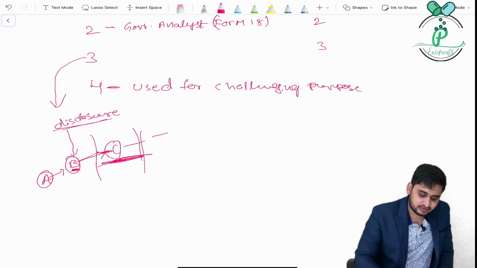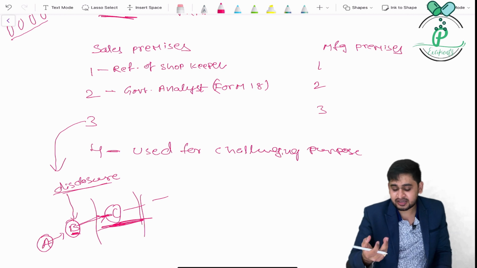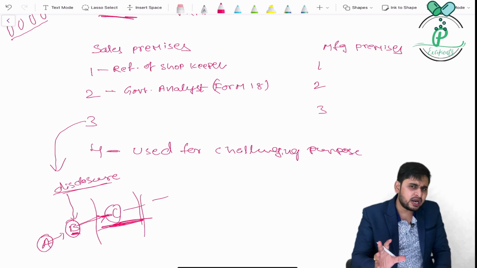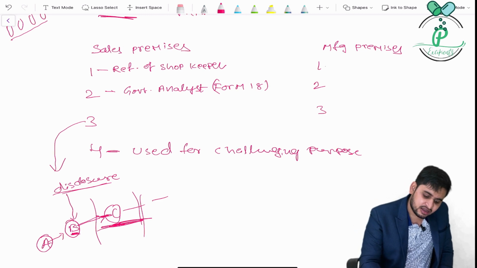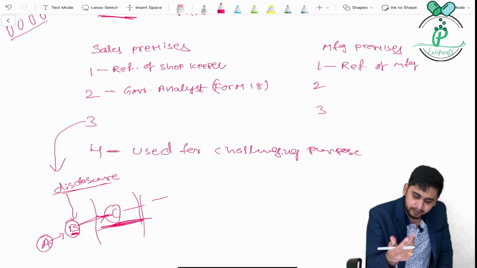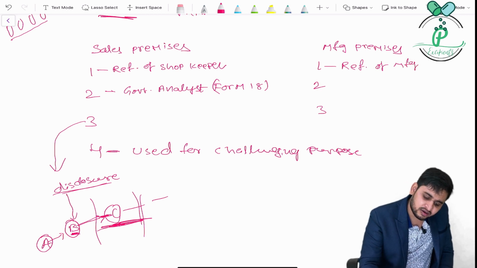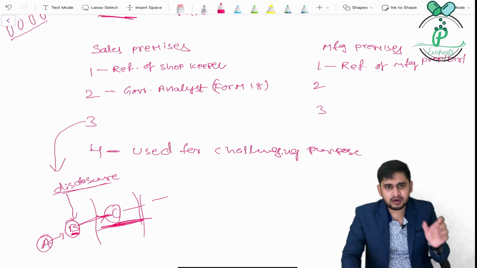Now you can imagine why at the manufacturing premises only three portions will be drawn. The first portion, there is no doubt, is given to the shopkeeper or the manufacturing premises, maybe the director, maybe the proprietor, or the authorized person, whosoever is present at the time of drawing the sample.